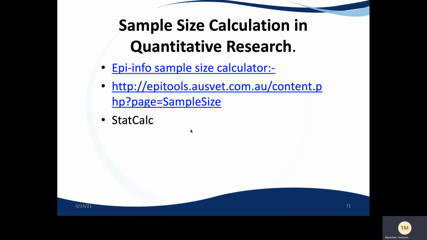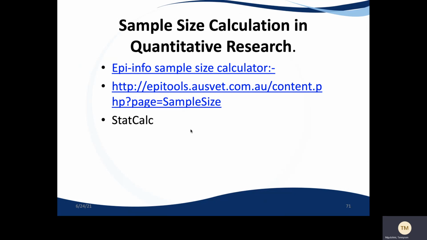You can go into this link that I'm sharing here with you, and I will leave it up for a while. It is, of course, something you can Google. You can just go to Google and put EpiInfo sample size calculator. And one of the calculators that will come up allows you to input things like your target population, your sampling frame, and what confidence interval you're aiming for.